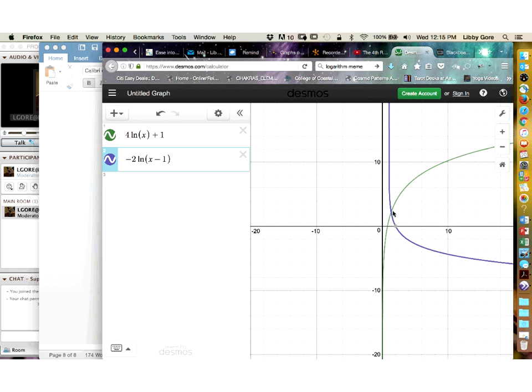And to do that, you do second and trace, which is your calculate menu, arrow down to 5, which is intersect. Put your cursor on one of your functions and hit enter. Put your cursor on the other function and hit enter. And then it says guess, but just hit enter.